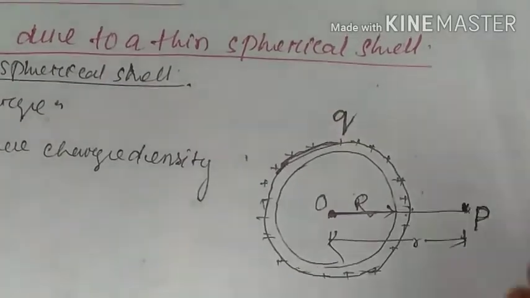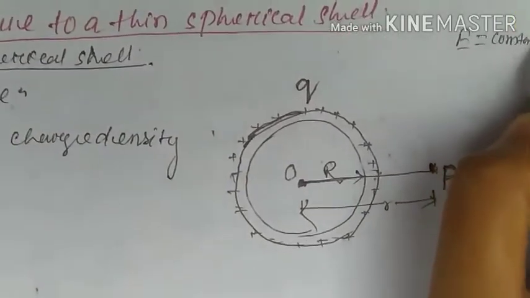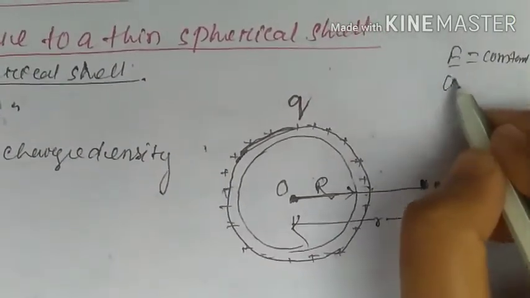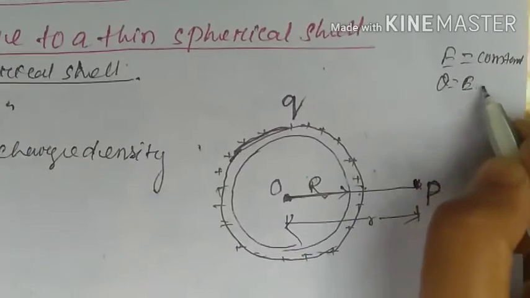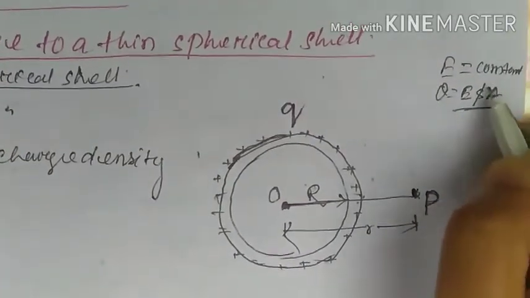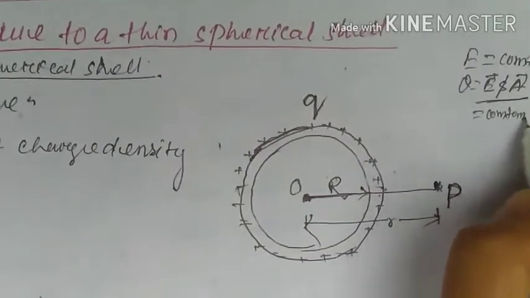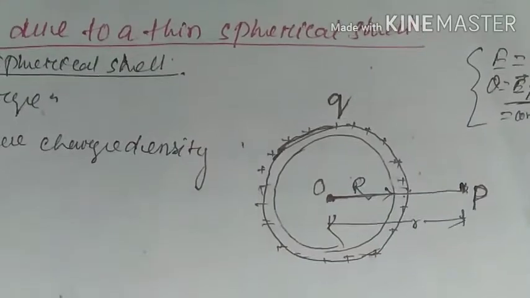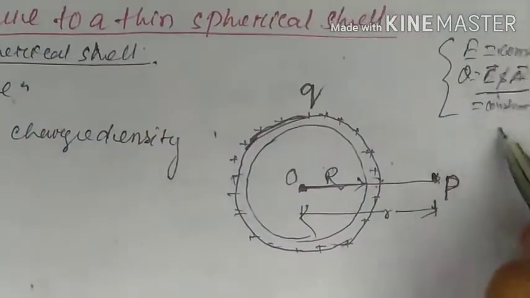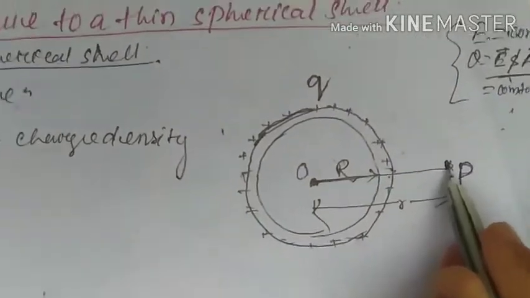One is that the electric field is constant throughout, and theta, the angle between E and the area vector, remains constant. So we have to keep in mind these two things when choosing the Gaussian surface.